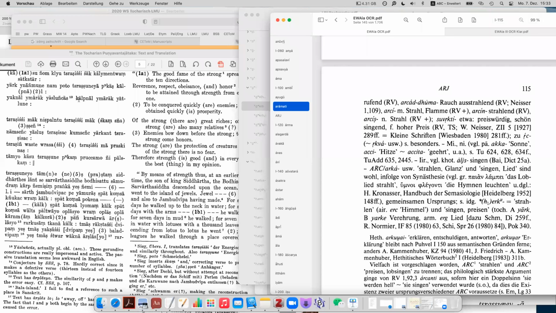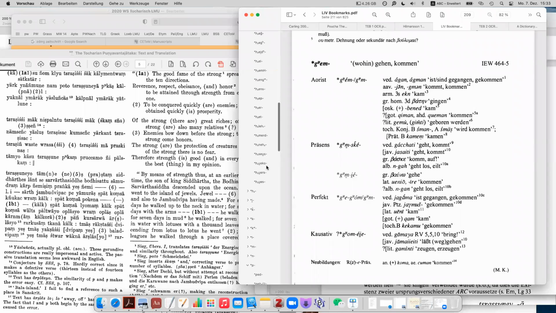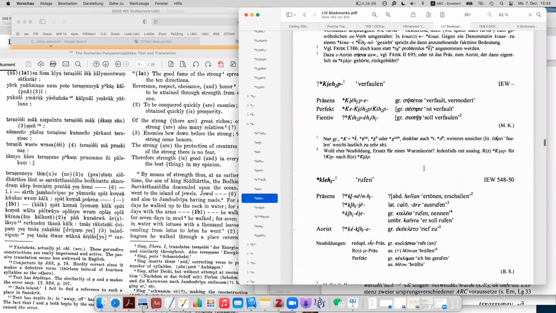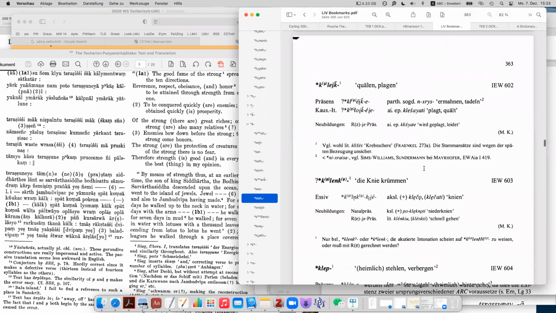Okay, and then probably this root, kurp. And kurp is also an interesting word. Kurp actually means to obtain in Tocharian, but the original meaning is a little bit different. I can check it if it's here. Wait a minute.